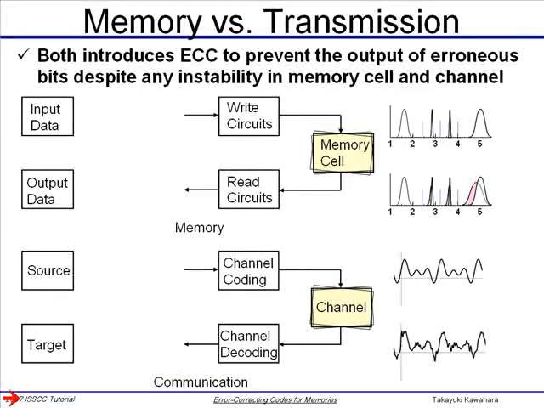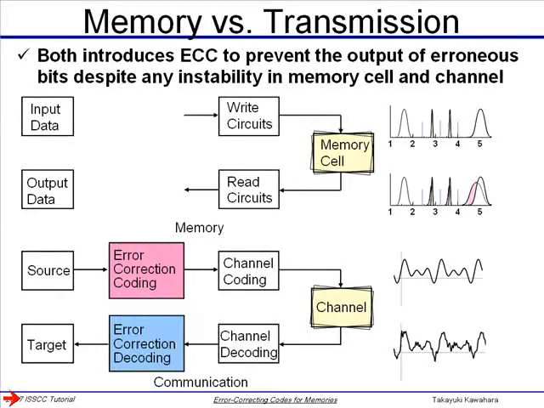So we insert error correction coding between the source and channel coding. The data coded with the error correction code is again coded for the channel, and then moves through space to the target receiver. Once the channel coding is decoded, we insert error correction decoding again between the channel decoding and the target. Therefore, here the data is recovered.